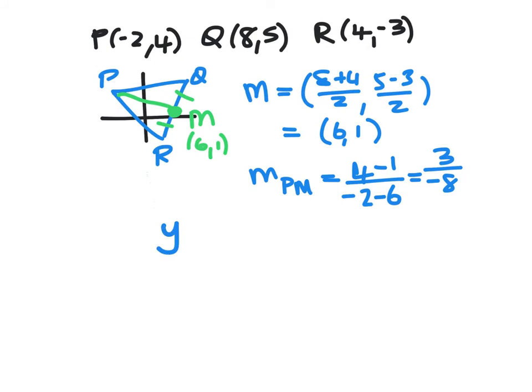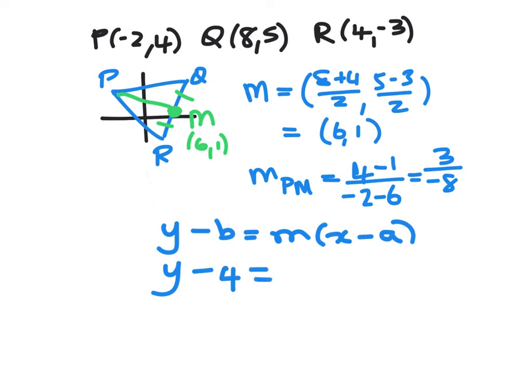I'm going to use y minus b equals m(x minus a), so that's y take away. Remember what I said, we're going to use the vertex, which is P, so we're going to use the coordinates negative 2, 4. So y take away 4 equals the gradient, negative 3 over 8, times x take away negative 2.